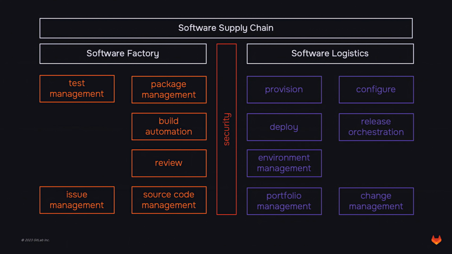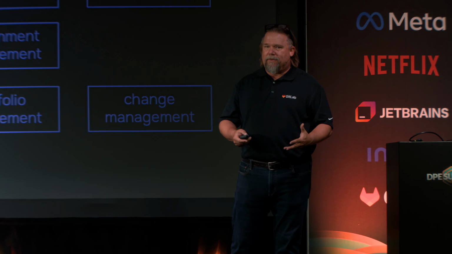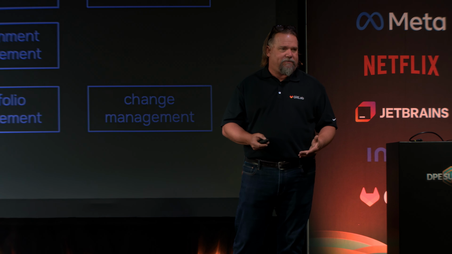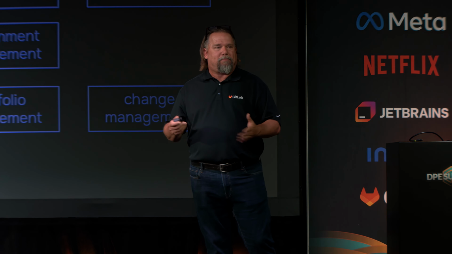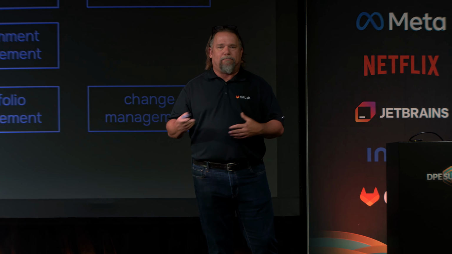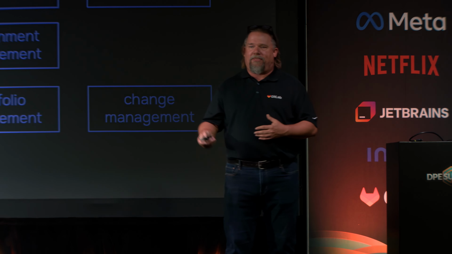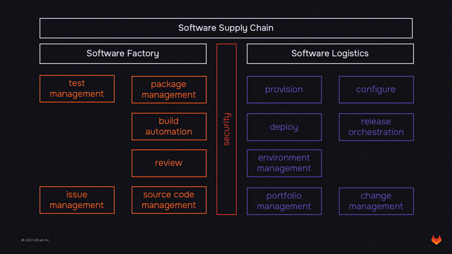Anybody here who has ever tried to define what continuous delivery means, there's a lot of things that go into continuous delivery. And now we're sort of bringing back the term platform engineer to be the person who is responsible for all things software logistics. That's environment management, release orchestration, canary builds, blue-green deployments, feature flagging.